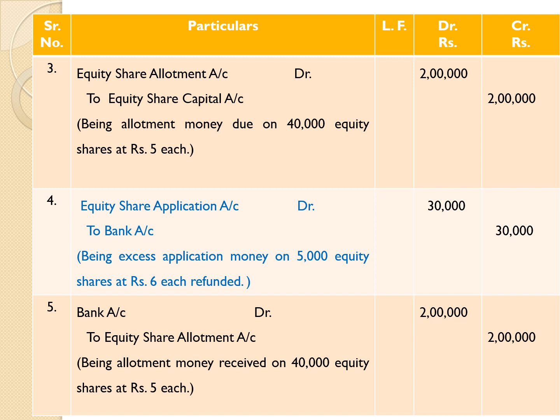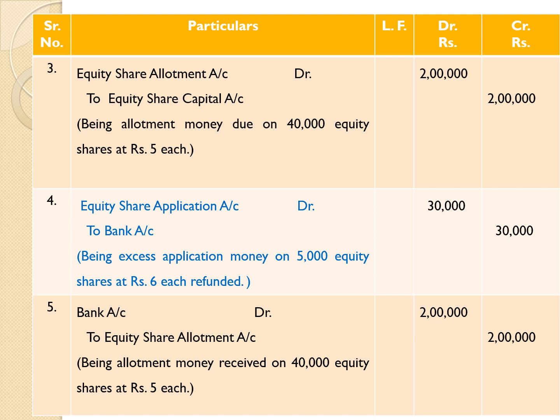Entry number 5, allotment money received. While recording this transaction, we consider number of shares issued 40,000 into amount called upon allotment 5. 40,000 into 5 is equal to 2 lakh. It means the company has received rupees 2 lakh on allotment.